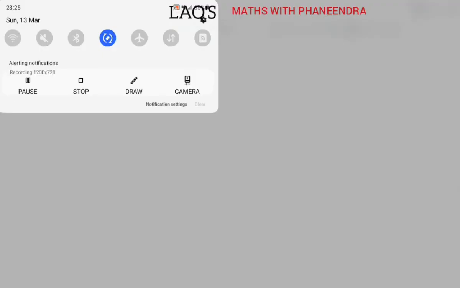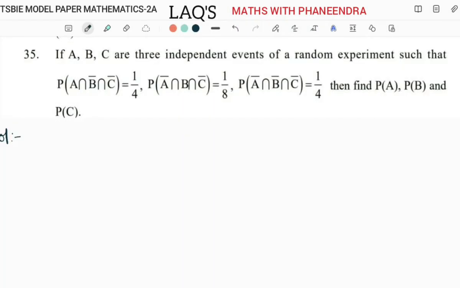We'll move to the next question, number 35. If A, B, C are 3 independent events of a random experiment such that P of A intersection B complement intersection C complement equal to 1 by 4, P of A complement intersection B intersection C complement equal to 1 by 8, P of A complement intersection B complement intersection C complement equal to 1 by 4.